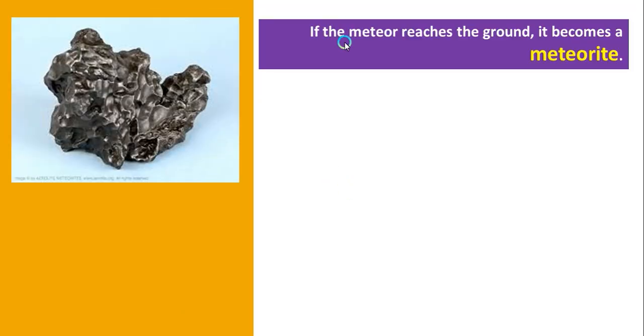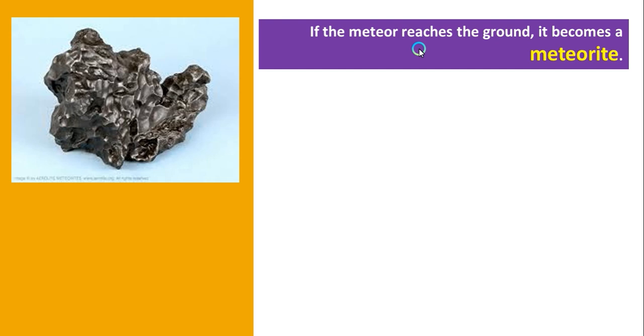Now, if the meteor reaches the ground, it becomes a meteorite. All right? We have meteorite, we have meteor, we have meteoroid. Okay? So don't get it twisted. Meteoroids are fragments of asteroids and comets.